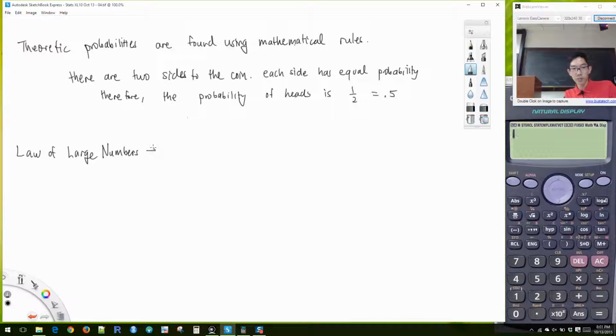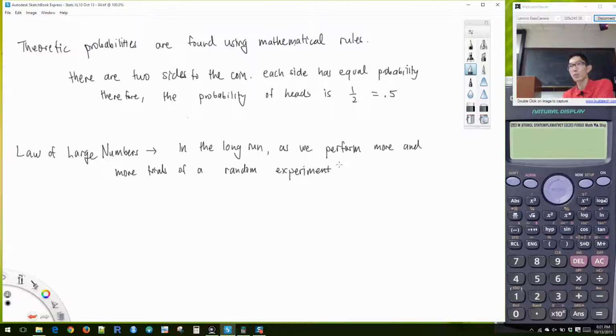What the law of large numbers states is that in the long run, as we perform more and more trials of a random experiment, this is just a fancy way of saying as you flip the coin more often, or repeat whatever it is that you're doing more often, the empirical probability we observe will get closer and closer to the theoretic probability.